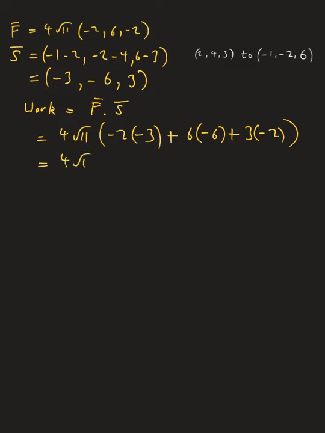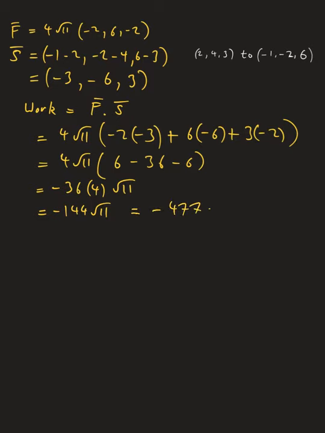That's equal to 4 times root 11 times (6 minus 36 minus 6). So overall that's minus 36 times 4 times root 11, which is minus 144 root 11. If you like, that's equal to minus 477.59. So that's part A done.